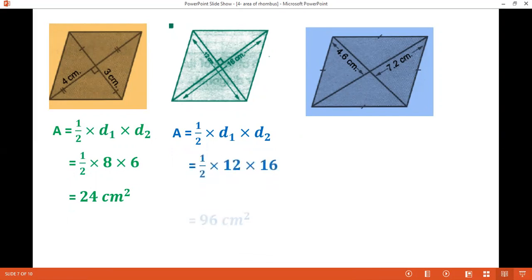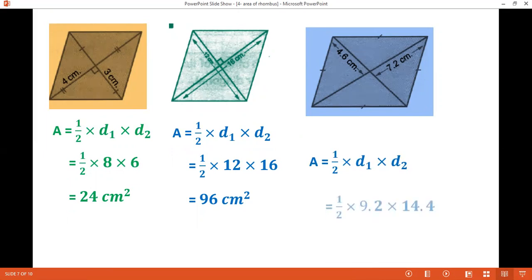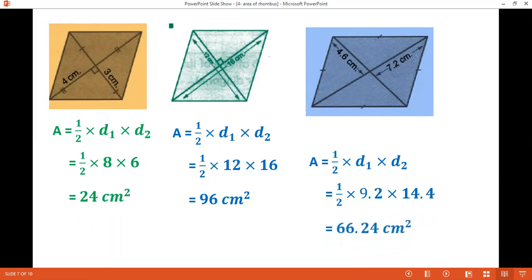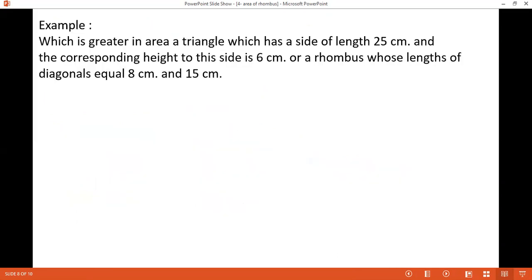The answer will be half by 12 by 16, which is 96 square centimeters. And here half by D1 by D2, 9.2 multiplied by 14.4. The answer will be 66.24 square centimeters.